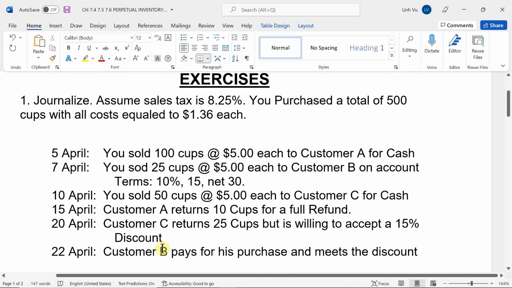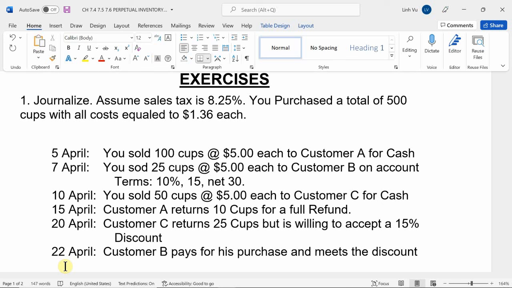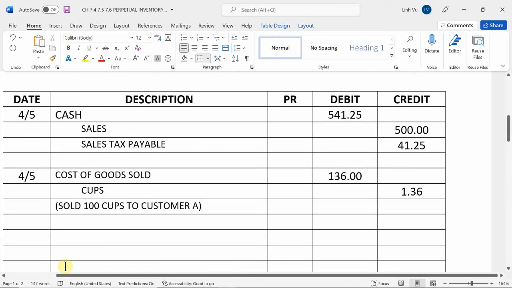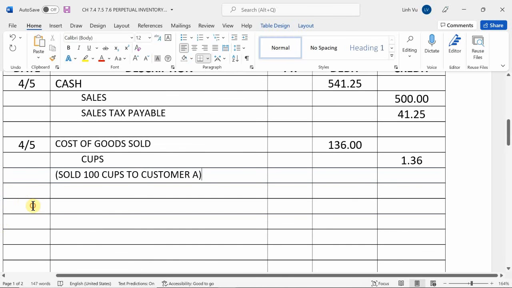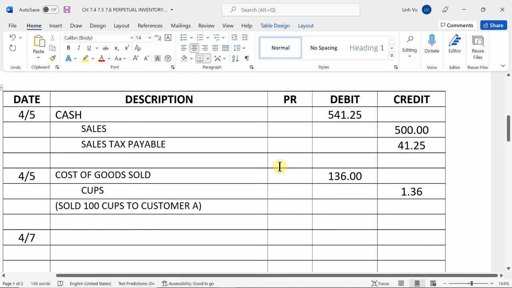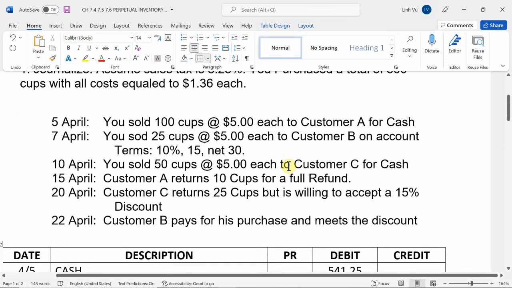So then April 7, you end up selling 25 cups for $5 each to customer B on an account, and you give him terms of 10%, 15, net 30. Okay? So you sold 25 cups to customer B on an account, on April 7. So how would you journalize that?